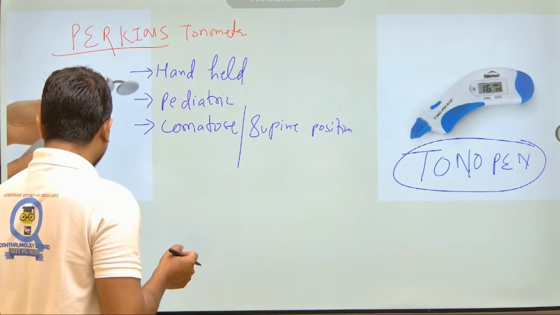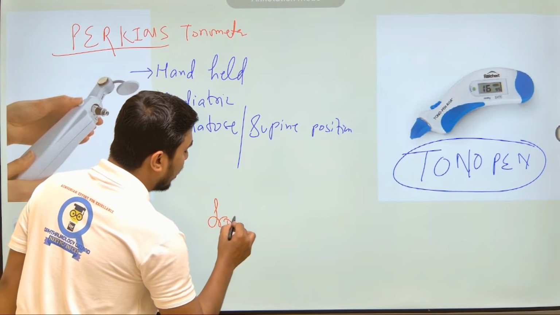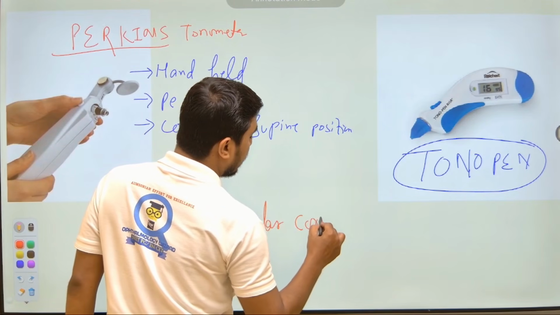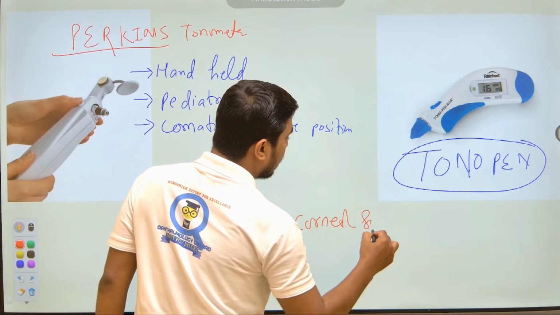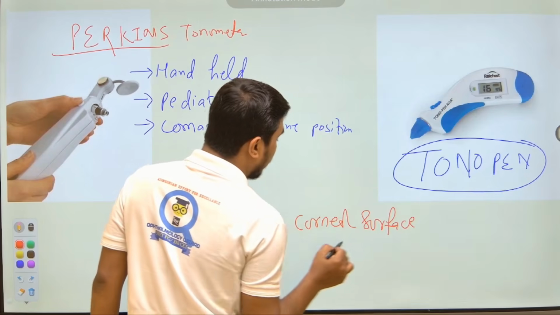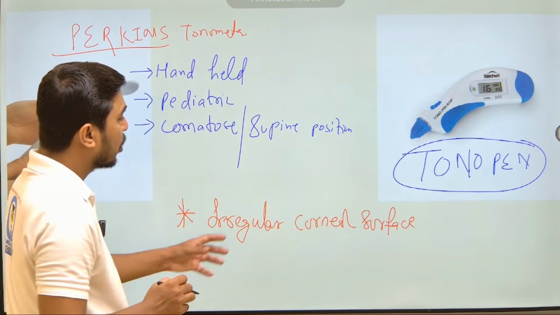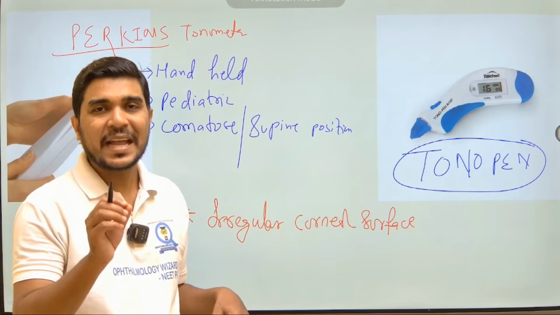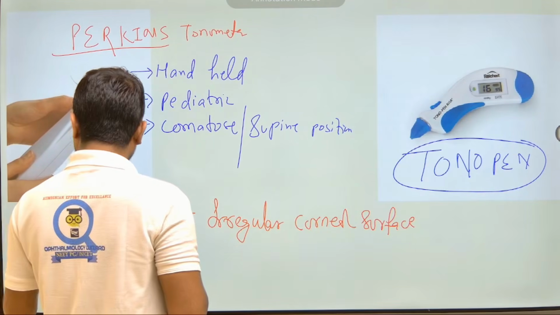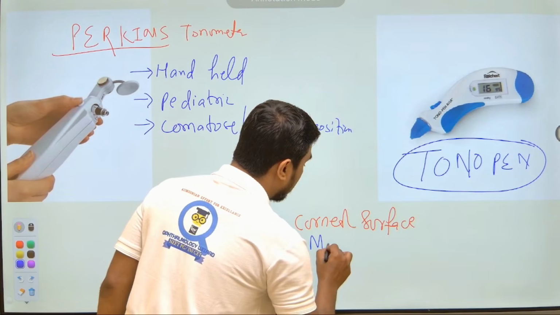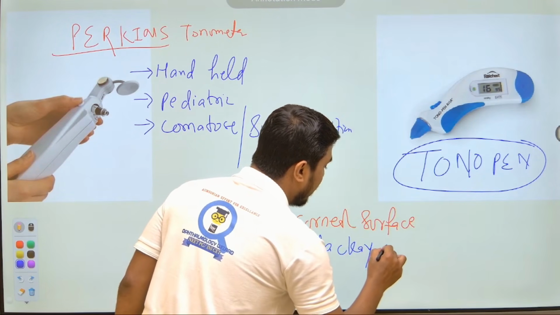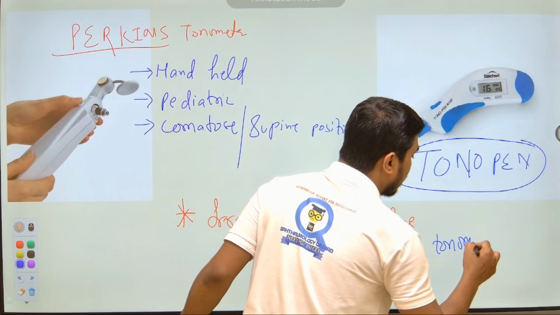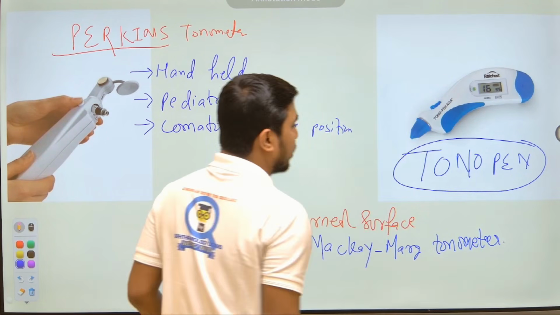So the question arising is, for an irregular corneal surface, what type of tonometer can we use? The answer is the Mackay-Marg tonometer.